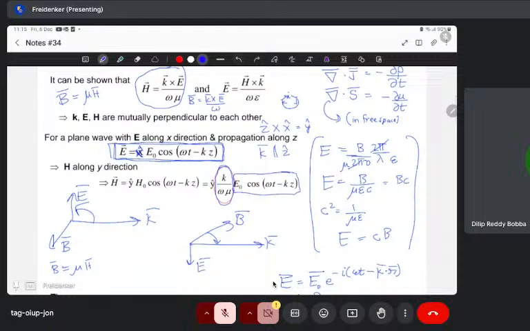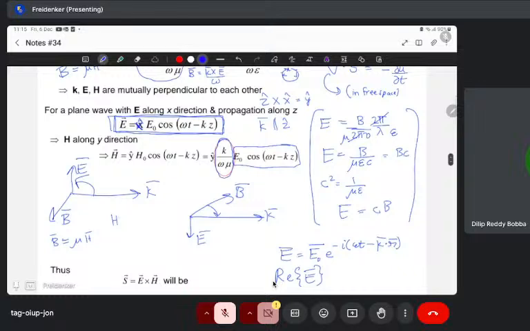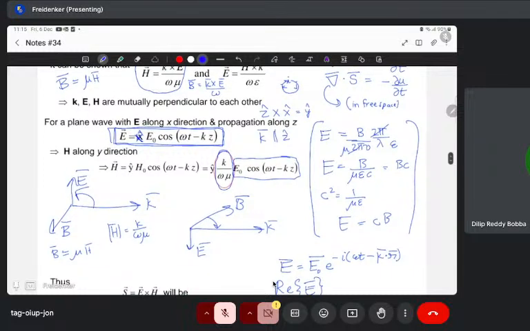So magnitude you can directly write. Magnitude of H is nothing but k by omega mu. Or else you can start finding your magnitude using this formula and this formula. You can get all of your magnitudes. If you have E magnitude, you can get B magnitude. If you have B magnitude, you can get E magnitude.